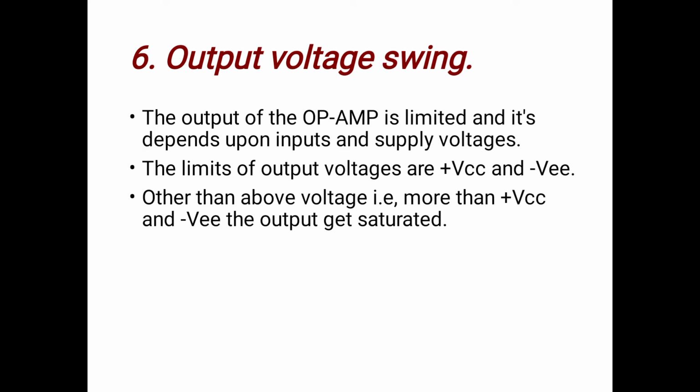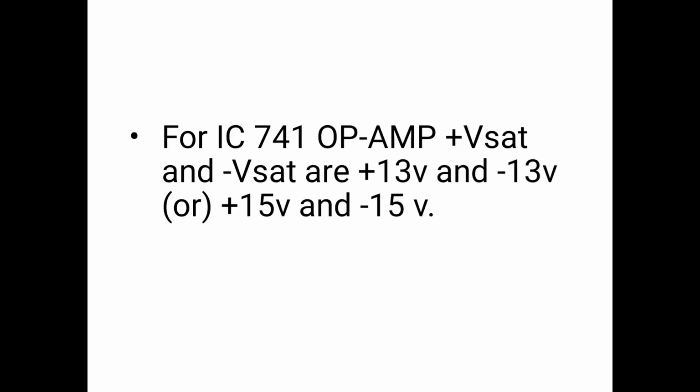Beyond these voltages, that is more than plus VCC and minus VEE, the output gets saturated. For IC 741 op-amp, plus V saturated and minus V saturated are plus 13 volts and minus 13 volts, or plus 15 volts and minus 15 volts.